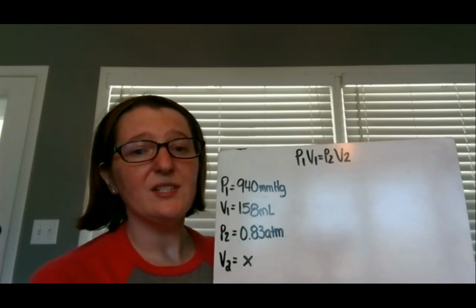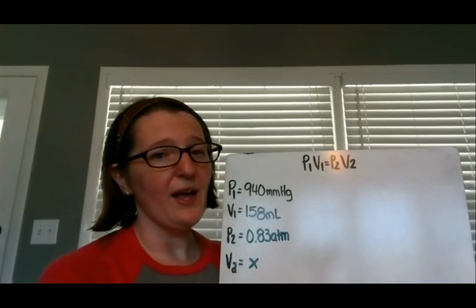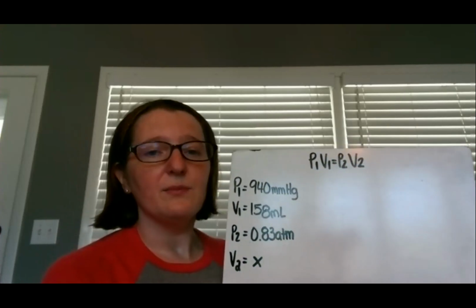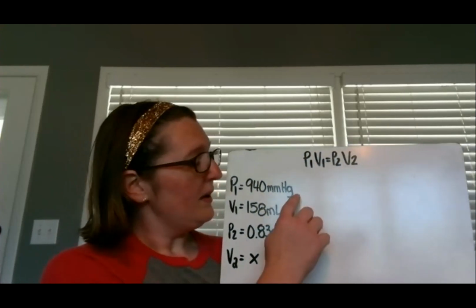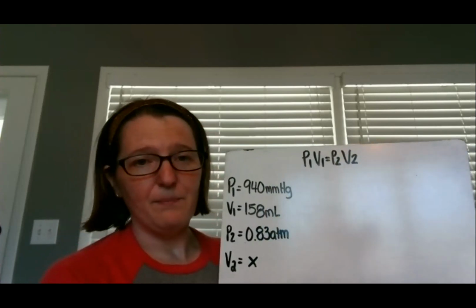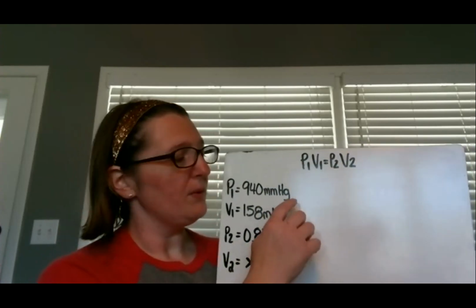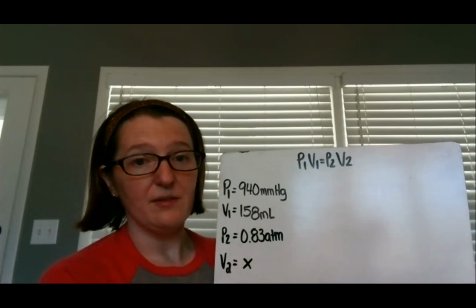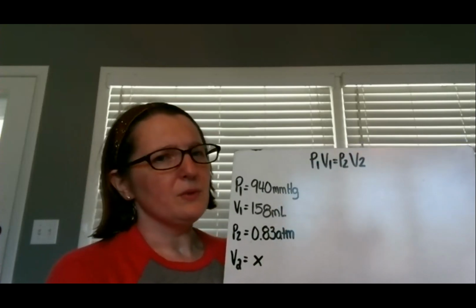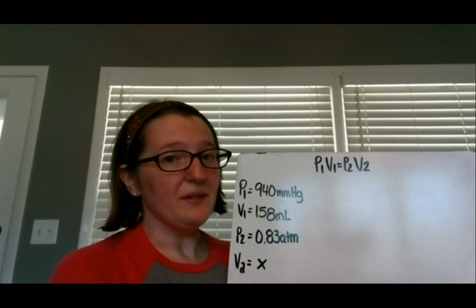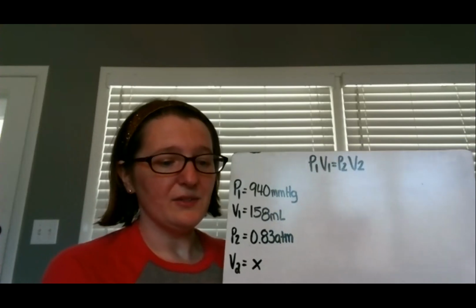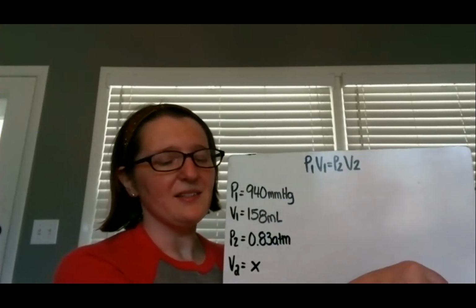Now, before I even start this, I have to remember from our last video in 6.2 that my units have to be the same. I can't do this with this and this being different. So the question is, do I know how to convert one into the other? And the answer is yes, I do. We did that back in 6.1.